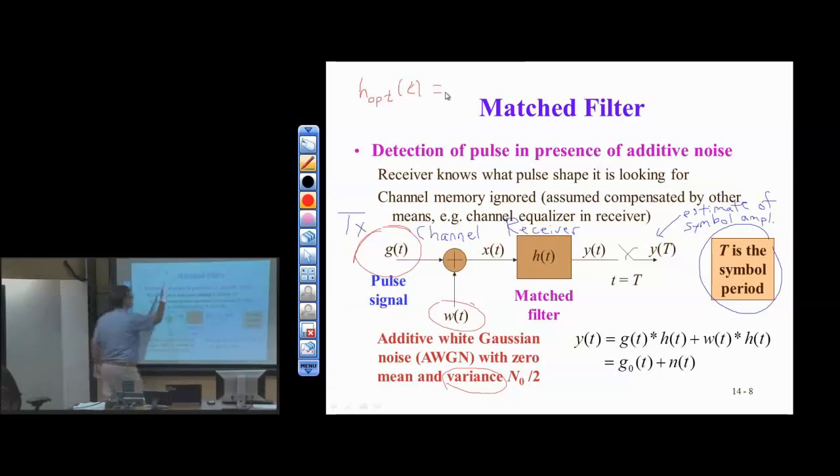All right, so it's some gain times the pulse shape conjugated, but our pulse shapes have all been real valued, so there's not a lot of work the conjugation has to do for this case. I take the pulse shape, I flip it in time, and I delay it by the symbol time. Now that's the best I can do. If I'm a little bit off, it's not a big deal. All right, so we're going to spend a lot of time deriving this thing, and if it's a little bit off, we're still going to get pretty good detection.